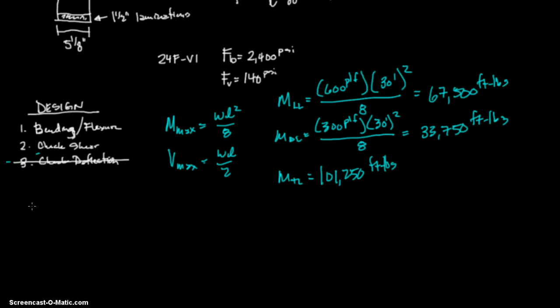And then let's go over here and do shear. Actually, let's go ahead and do bending. Let's just proceed, and then we'll check for shear as I've lined out in our design.